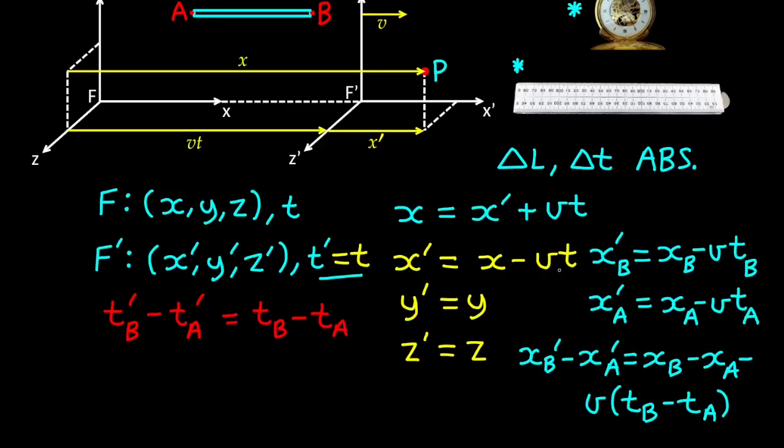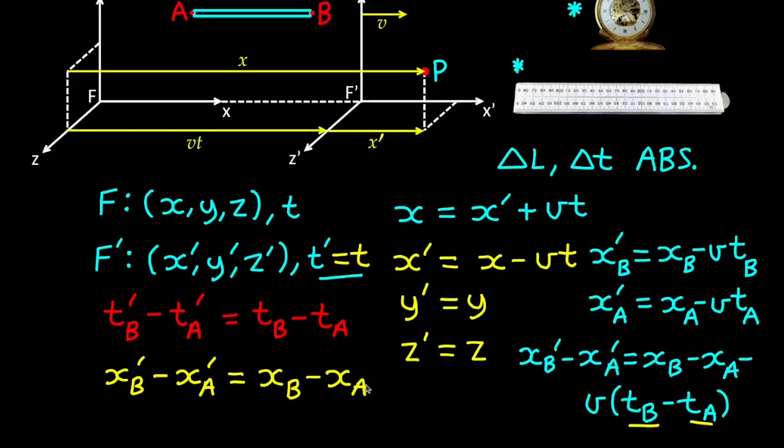Now if we make these measurements at the same time, then tb is equal to ta. So we end up with the difference between the locations of events B and A in the primed frame being equal to the difference between the locations of both events in the unprimed frame.